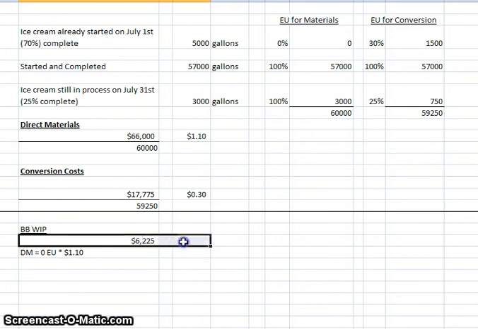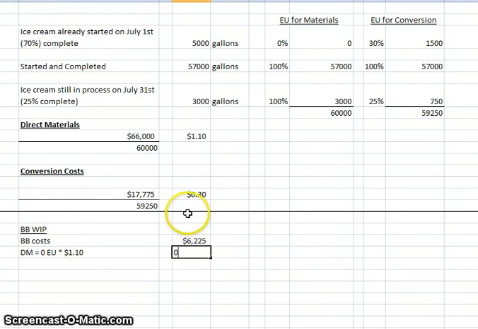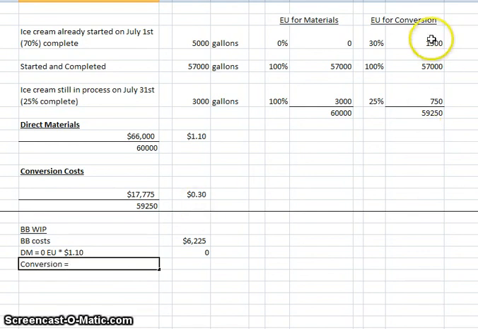So you didn't need anything here, 0. But for conversion costs, you did need additional conversion in order to complete the process, to complete the ice cream. So the question is how many equivalent units?